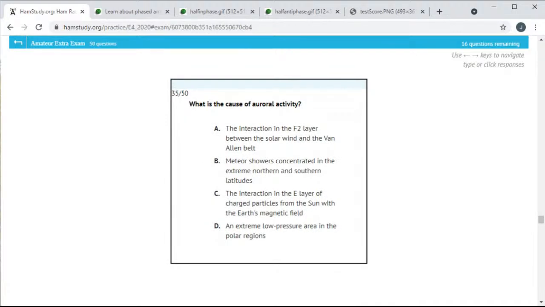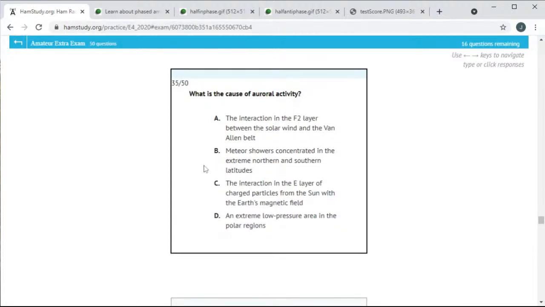What is the cause of auroral activity? A, the interaction in the F2 layer between solar wind and the Van Allen belt. B, meteor showers concentrated in extreme north and south latitudes. C, interaction in the E layer of charged particles from the sun with the Earth's magnetic field.